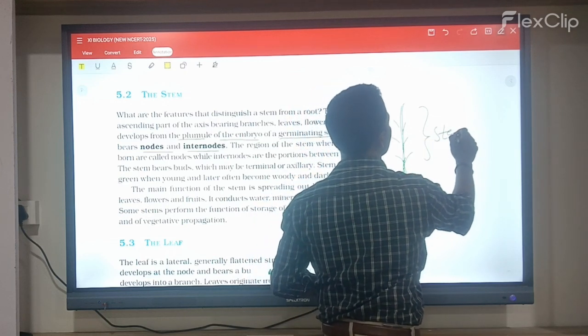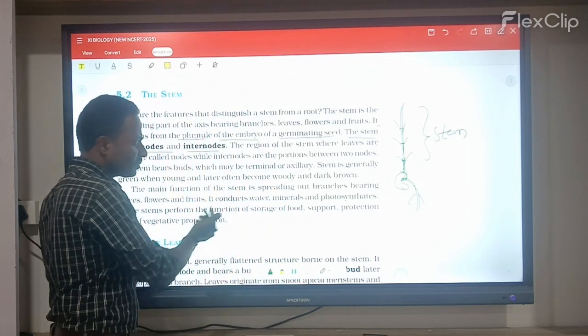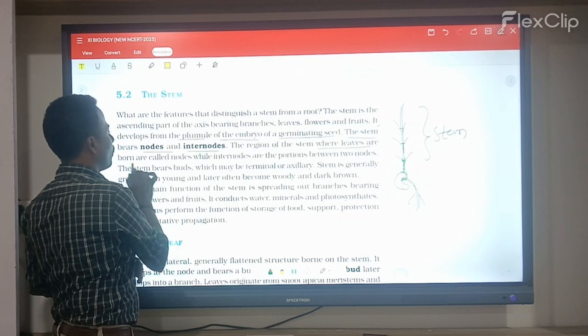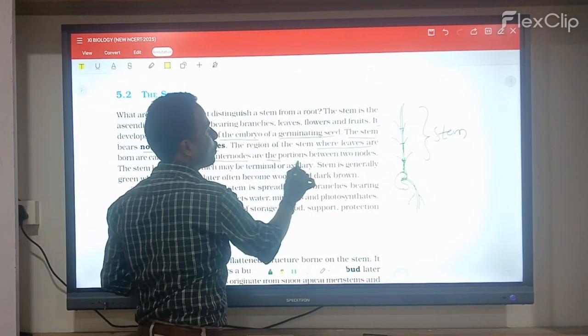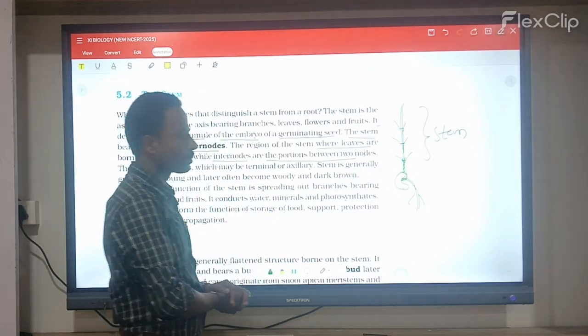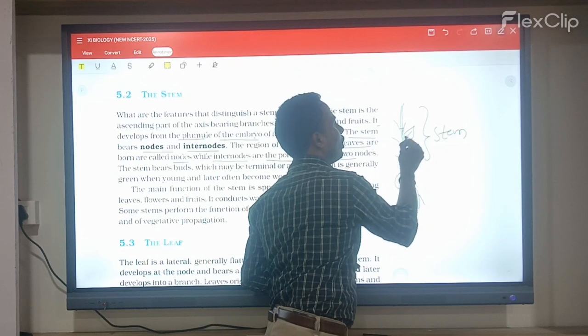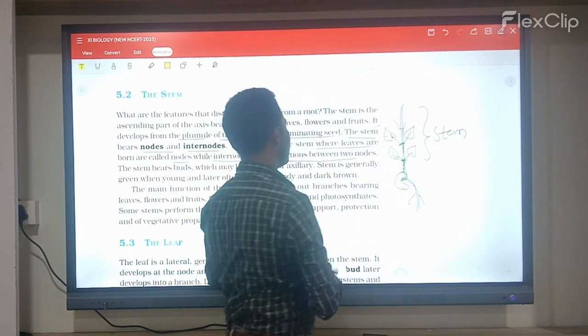The region of the stem where leaves are borne is called a node, and an internode is the portion between two nodes. Here each node compulsorily develops leaves.